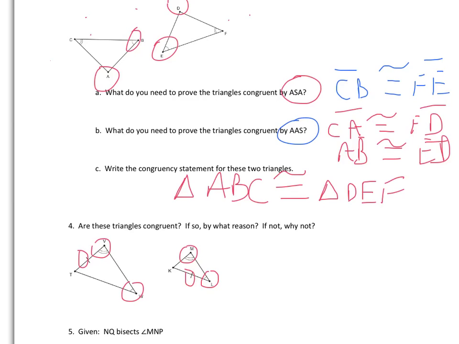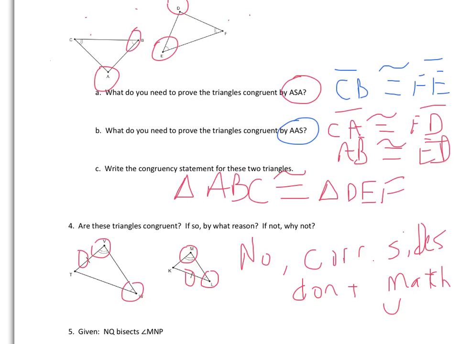But if you notice, we're not really matching up corresponding sides here, so this is no, and I would just say the reason being corresponding sides don't match up. Because if you notice, you go around this way, it looks like an angle side situation, or if I go this way around, actually, I have angle side, 1 mark to 2 mark angle to the thing. But if I go 1 mark to 2 mark, then it would have to be this side, and they don't match up.